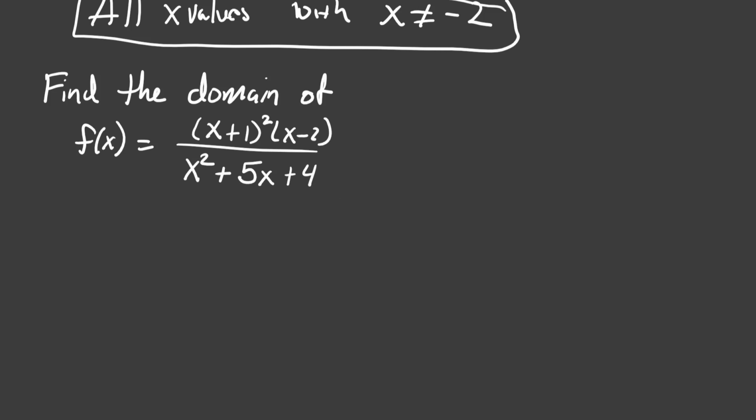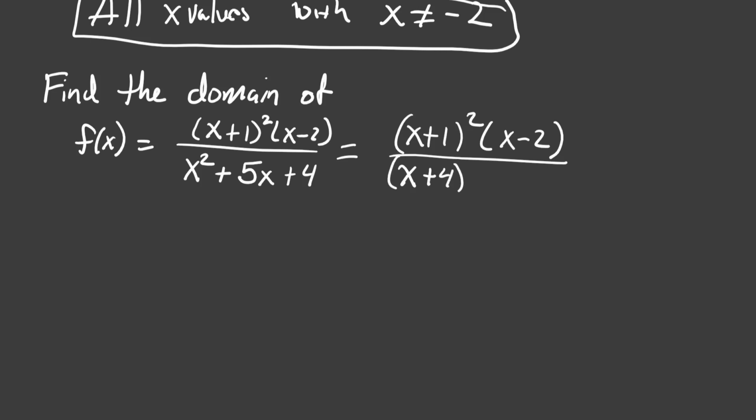Okay. So the denominator is not factored right now, right? So we're going to factor the denominator and things are going to simplify just a little bit. So I'm going to get f of x equals x plus 1 squared times x minus 2, and if we factor the denominator, I see that it's x plus 4 times x plus 1. Okay.